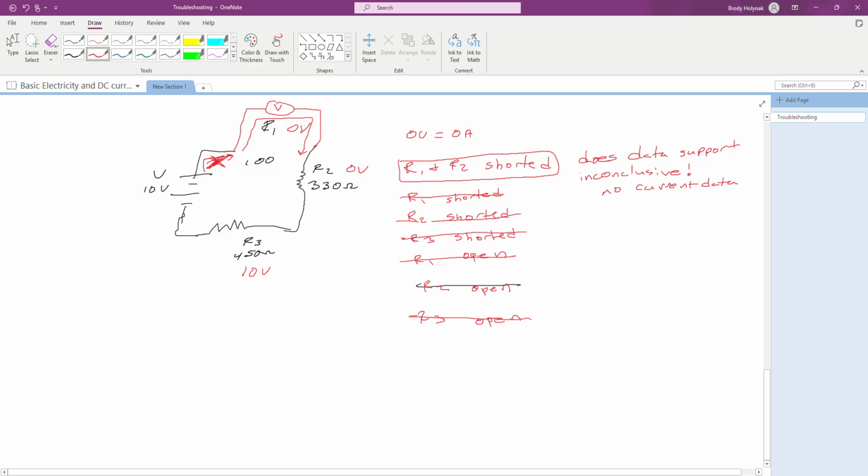If I go in here and measure this, one of the things we didn't quite cover and need to talk about is that our voltmeter does have a resistance, and it has a very, very large resistance.